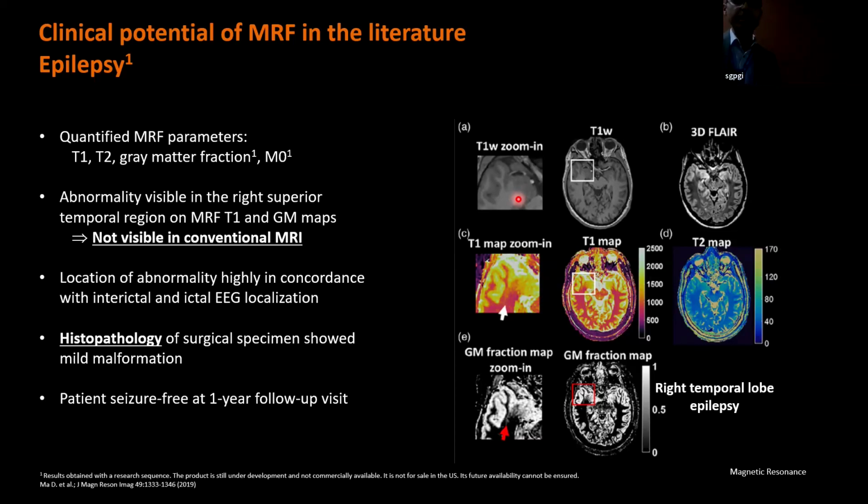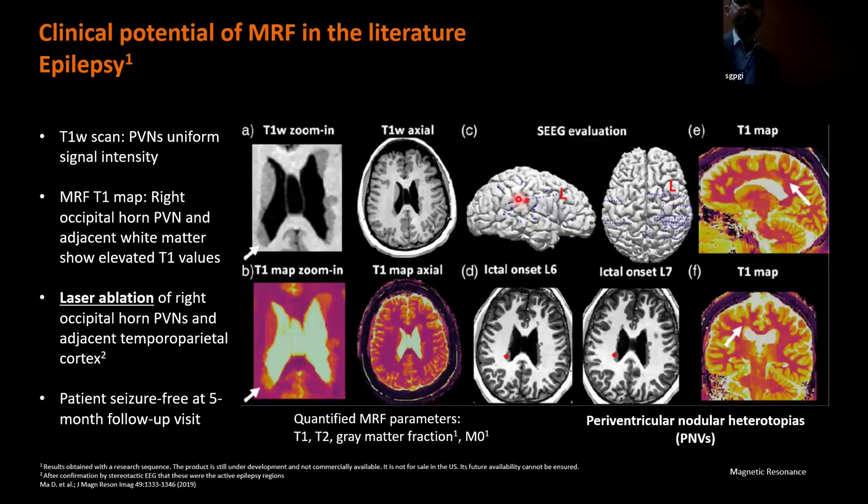Similarly, in the same study by Ma et al., they demonstrated, in periventricular nodular heterotopia, that the fingerprinting-based T1 map was able to locate the abnormality. The laser ablation was done for the patient, and the patient was seizure free 5 months after the treatment.